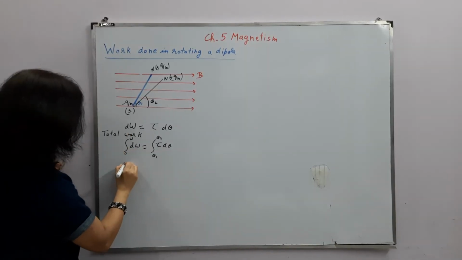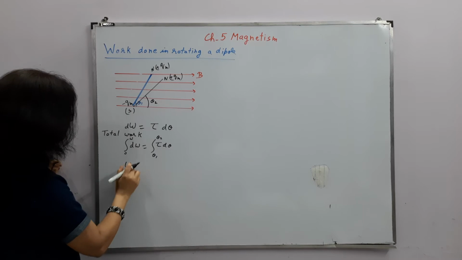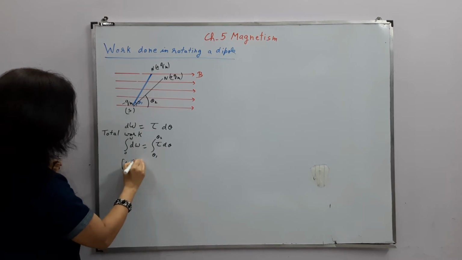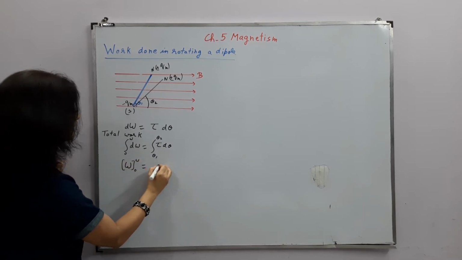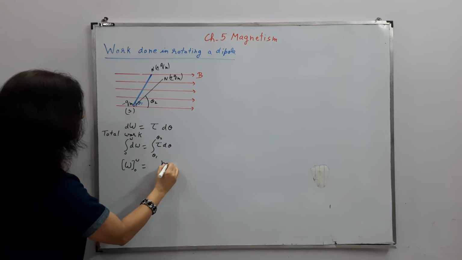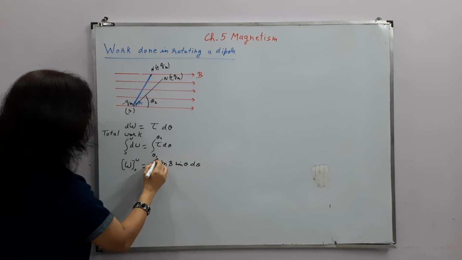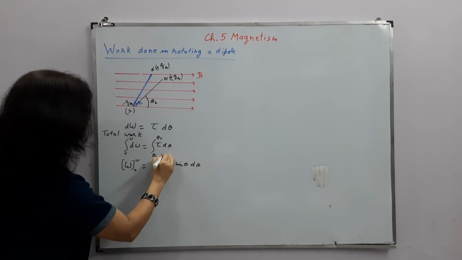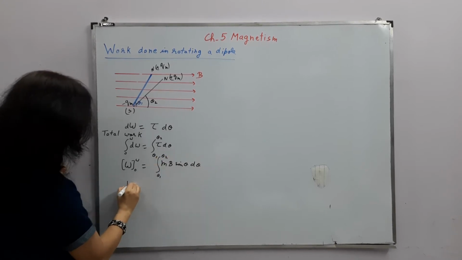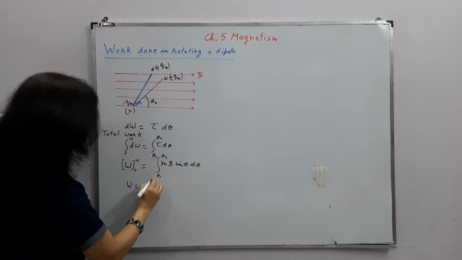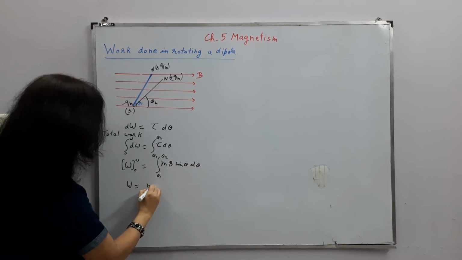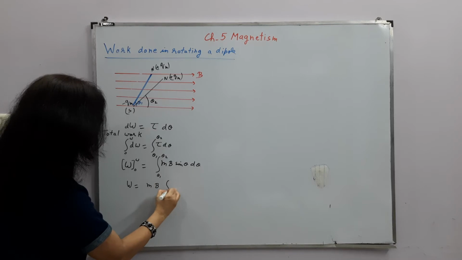On the left side we have W, and here torque I will write as mB sin theta d theta, again from theta 1 to theta 2.